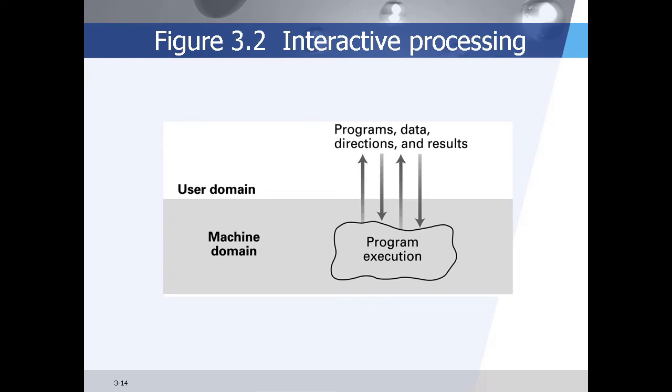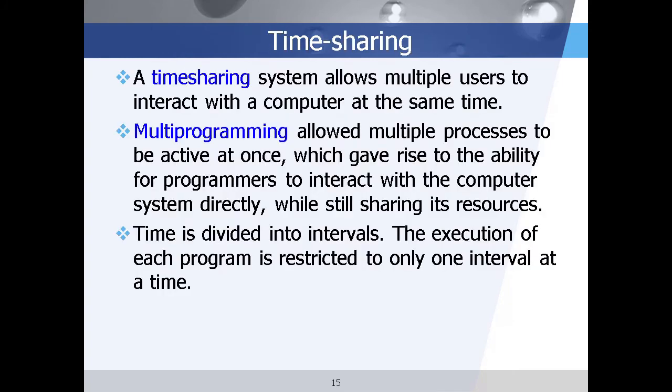So in this type of system, the users can interact with the job during the execution of the program. For example, the user can provide some input or some output can be generated by the program during the execution. By using the interactive processing technique, the users can get rapid response from the computer.